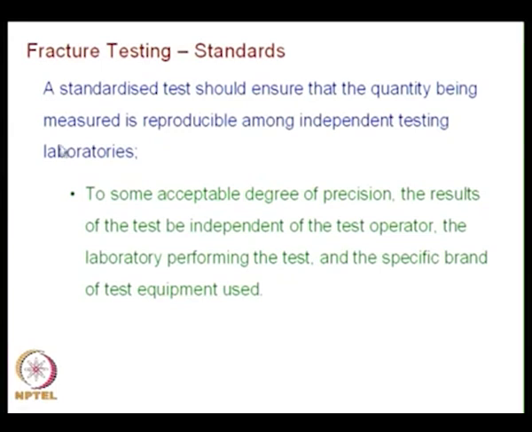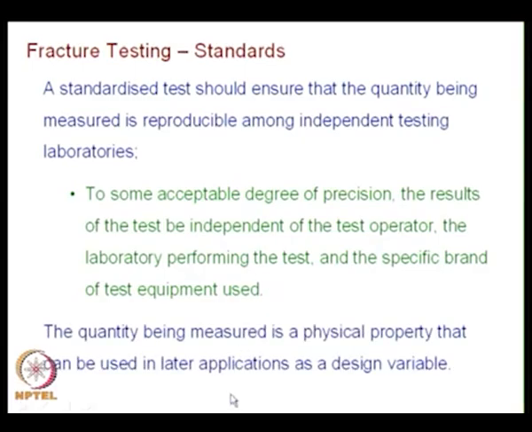It accounts for all these minor variations and gives the final result with a certain level of precision. So, this is one aspect of what is the purpose of a standard. The other, more demanding criterion is that the quantity being measured is a physical property that can be used in later applications as a design variable.